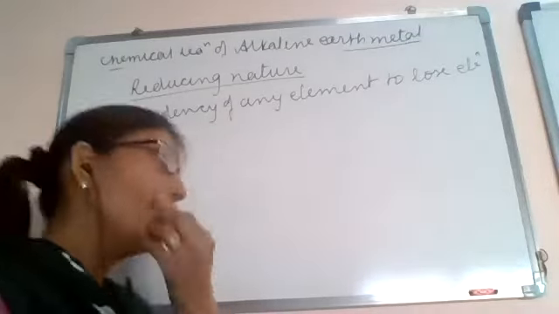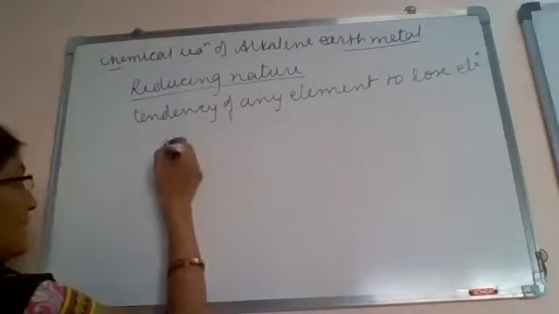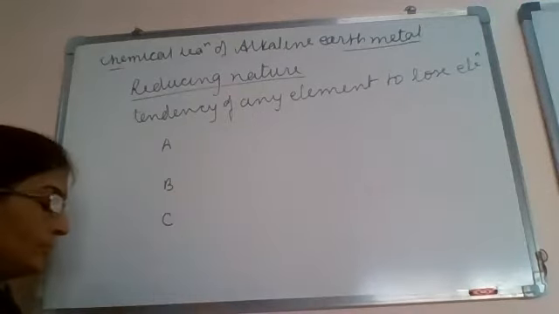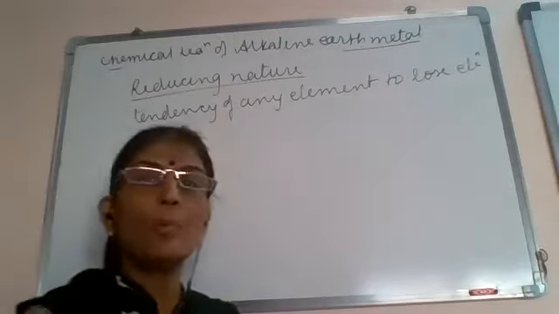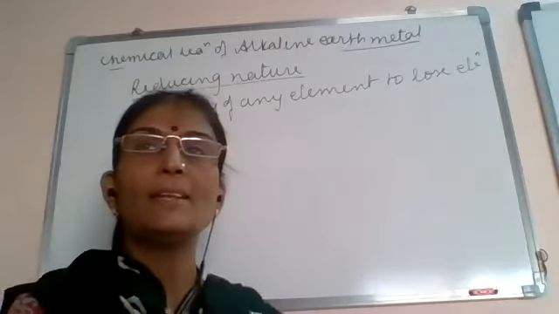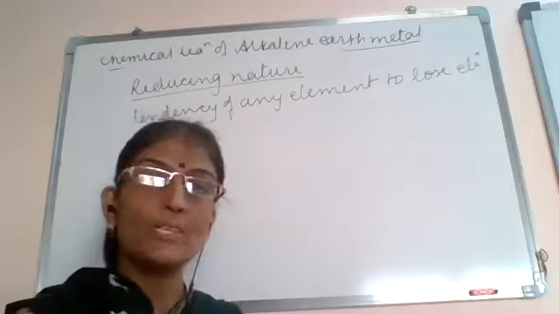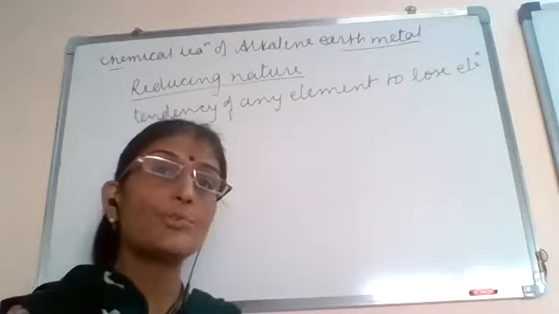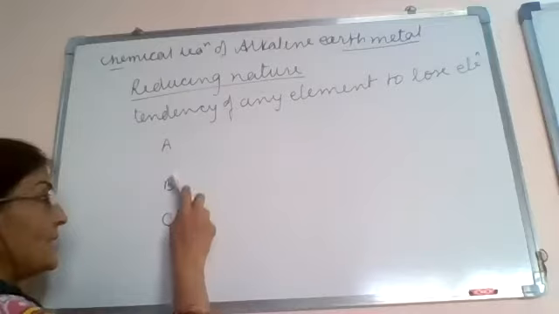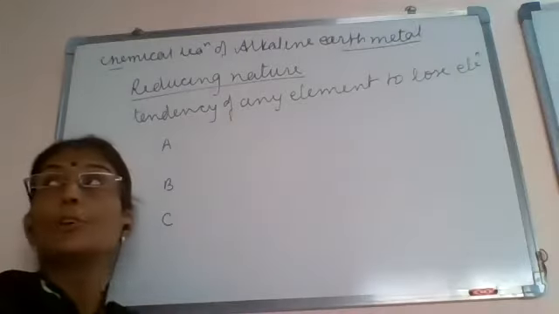Suppose मेरे पास कोई 3 metal है, A, B और C. मैं बोल रही हूँ तीनों metal है, मतलब तीनों की टेंडेंसी है इलेक्ट्रॉन लूज करने की. ऑल ऑफ देम वांट टू लूज इलेक्ट्रॉन्स. अब मैं आपसे पूछूंगी ABC में से ज्यादा टेंडेंसी किसका है इलेक्ट्रॉन लूज करने का?